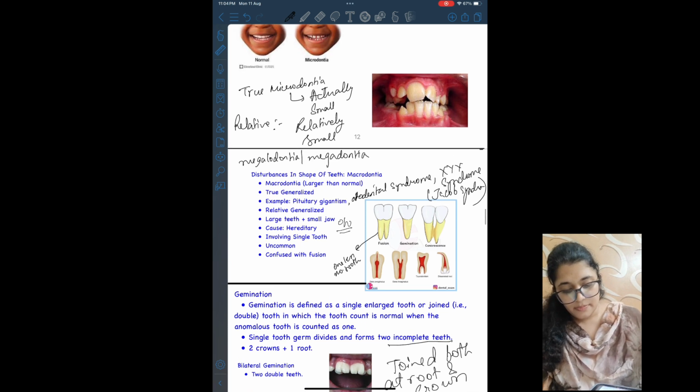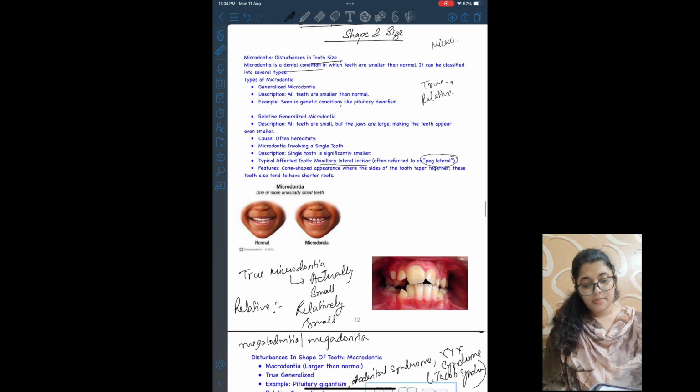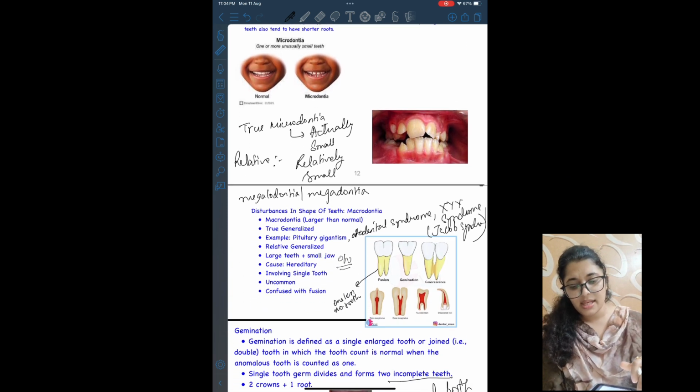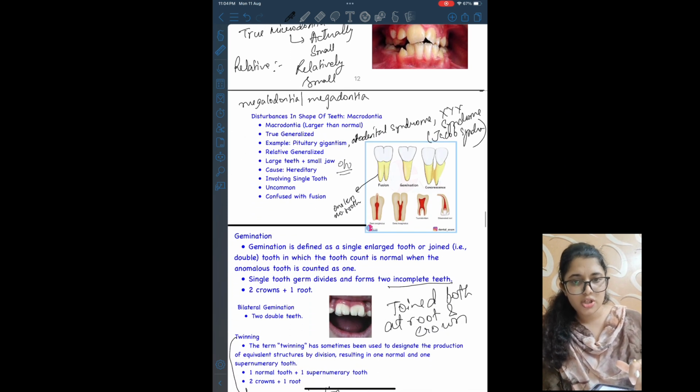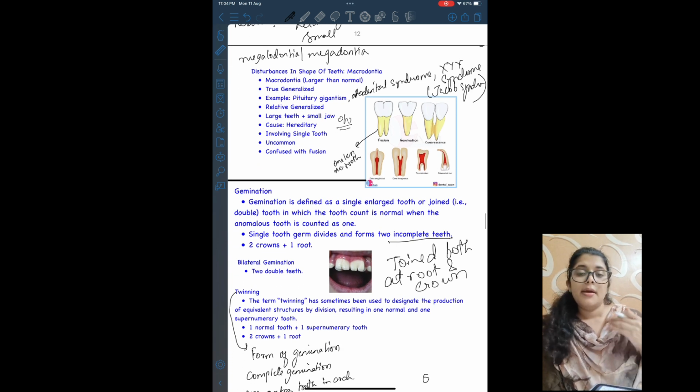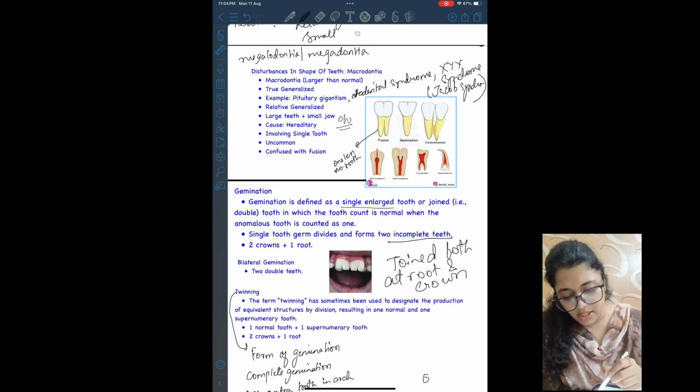So on the basis of size we can differentiate into microdontia and megalodontia. Next, on the basis of shape and size, we classify teeth under gemination. What is gemination?